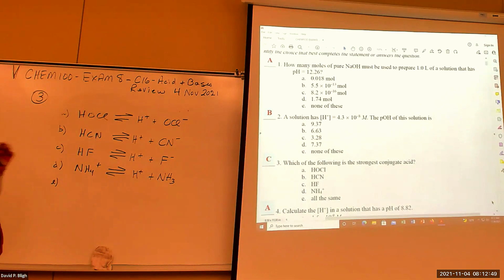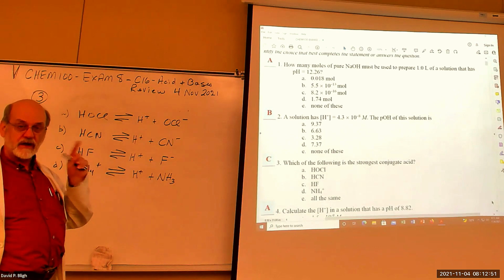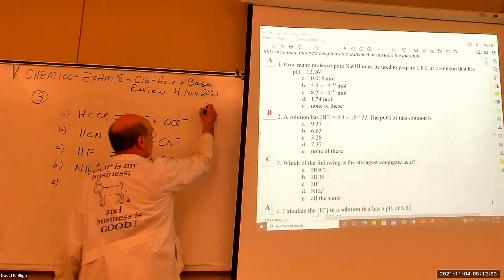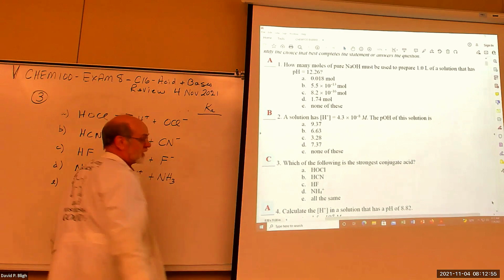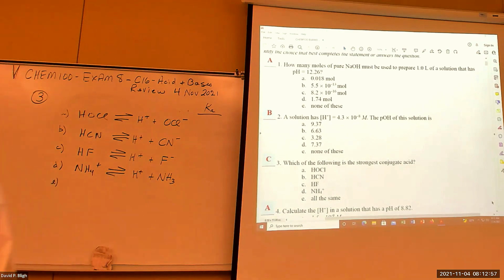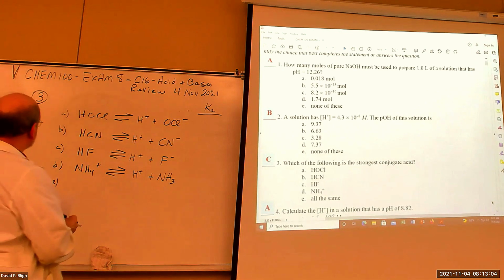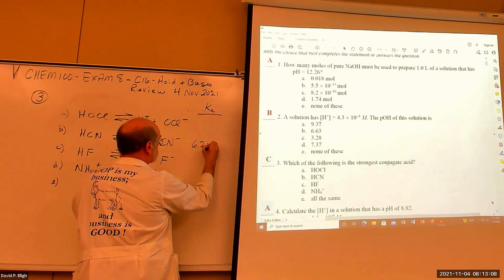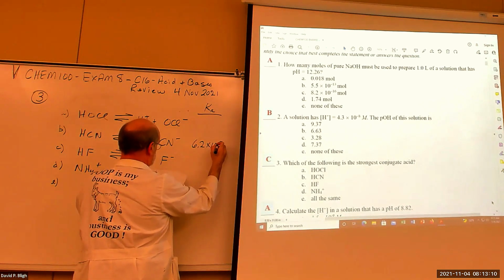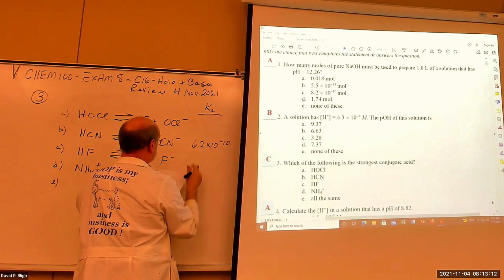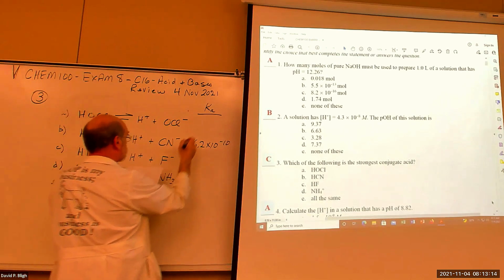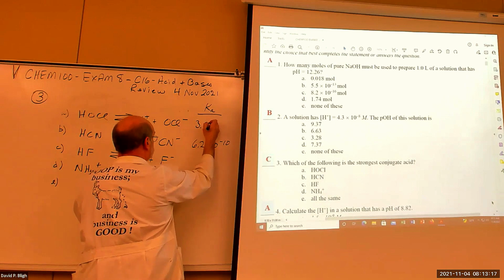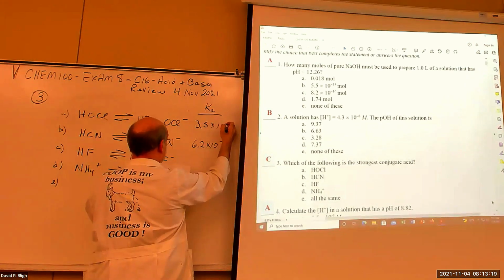Okay, so in order to judge the strength of these acids, we need to know the Ka value. What's the Ka for each one? All right, so I've got it here. And let's see. Here we go. This one is 6.2 times 10 to the minus 10. This one is 3.5 times 10 to the minus 8.